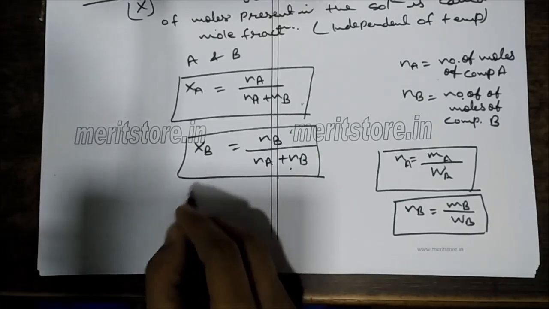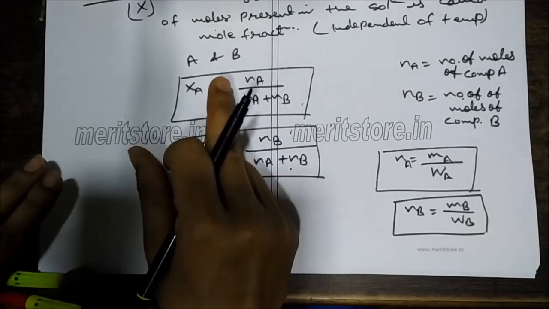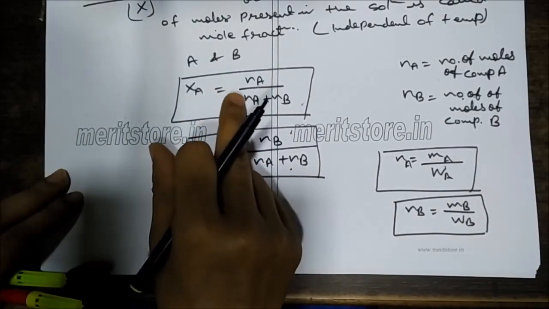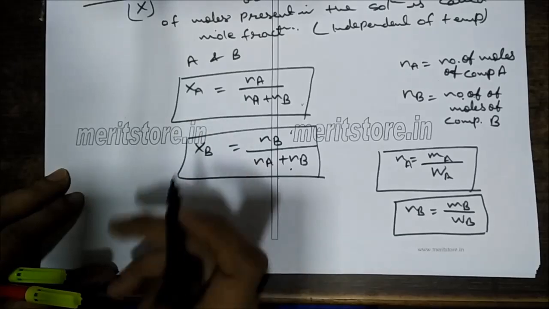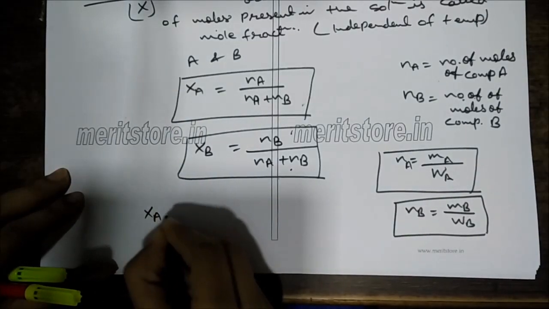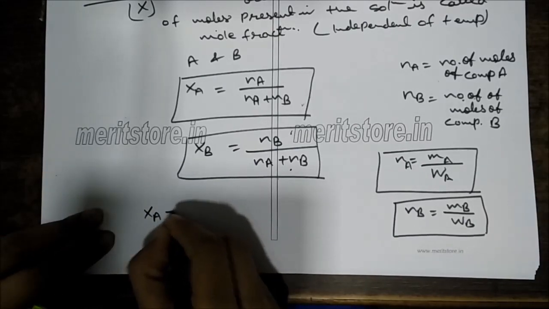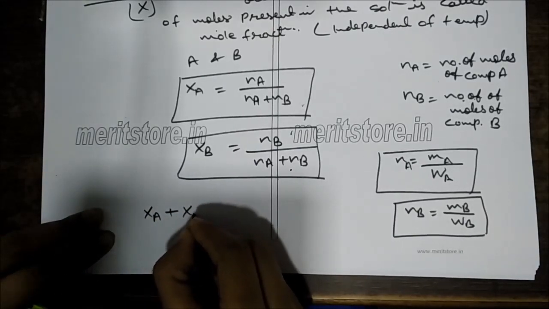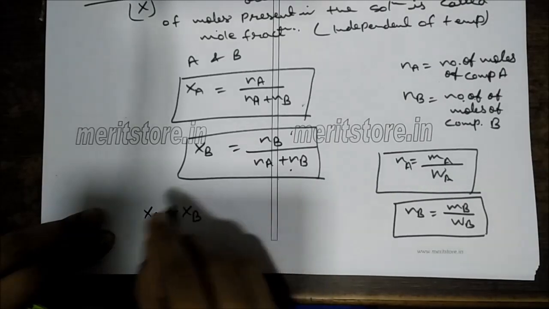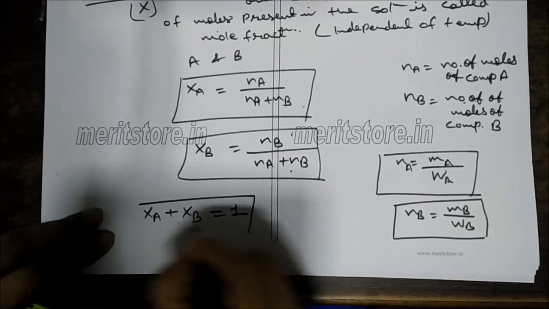As we know, the mole fractions of the components of a solution always add up to 1: for component A the mole fraction is Xa, and for component B the mole fraction is Xb, and the total of these fractions will always be 1.